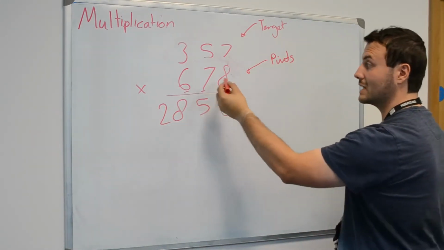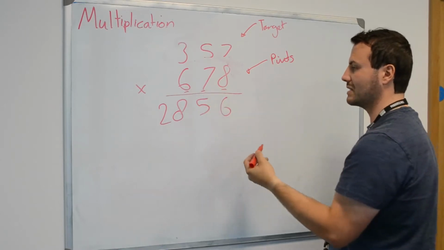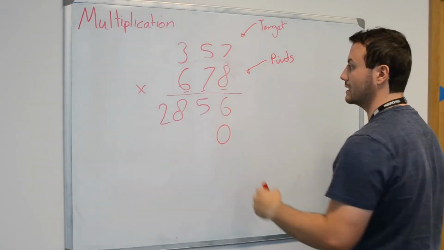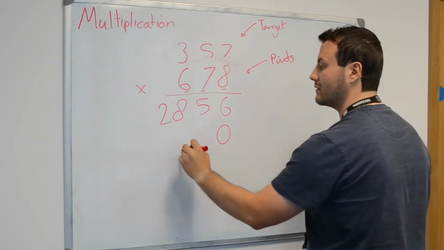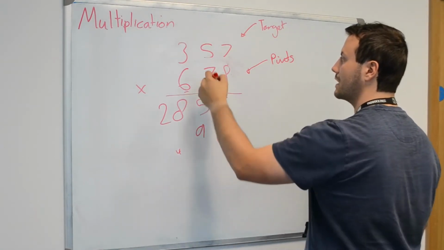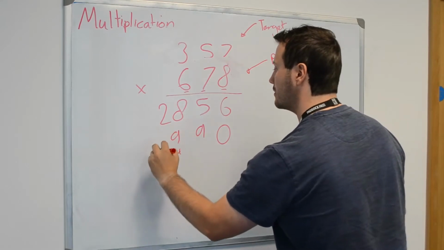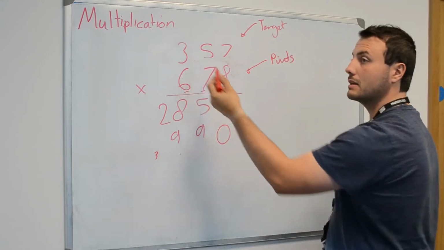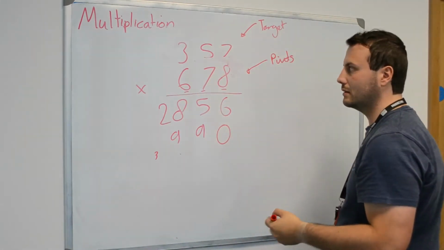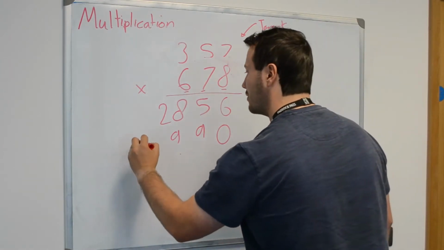Then we move on to the next pivot, the 7, which here represents 70, remember, so 0 first. 7 sevens are 49, 7 fives are 35, plus 4 is 39, 7 threes 21, plus 3 is 24.